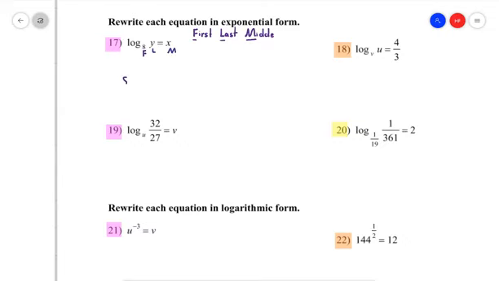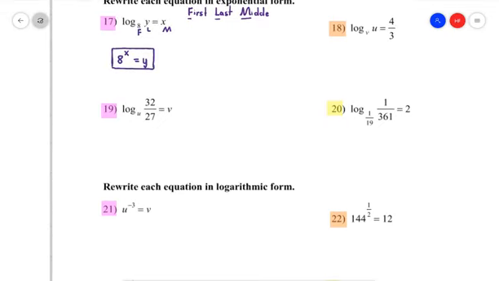So this would be 8 to the power of x is equal to y. First, last, and middle. U to the power of v is equal to 32 over 27.